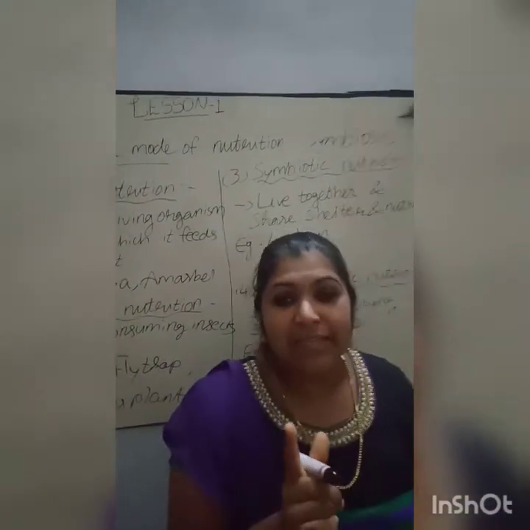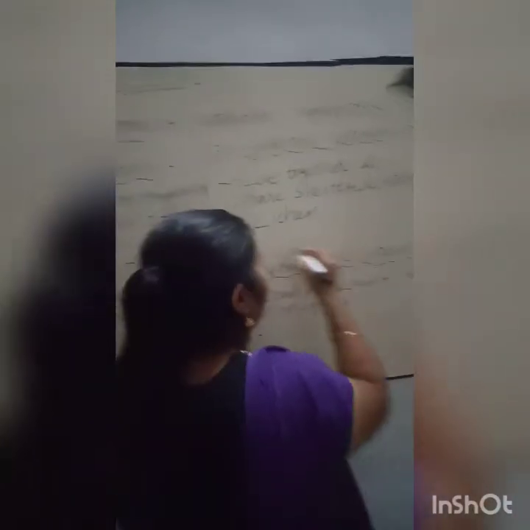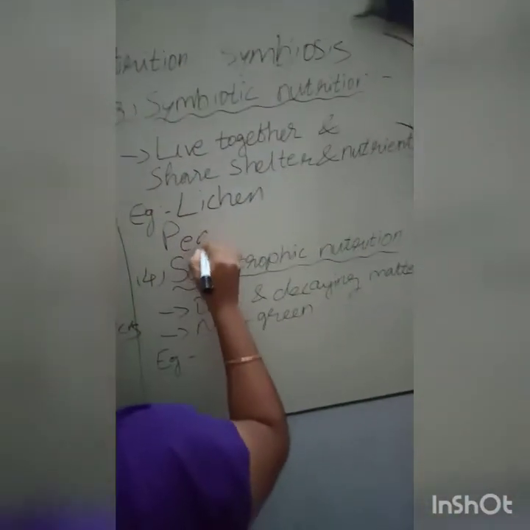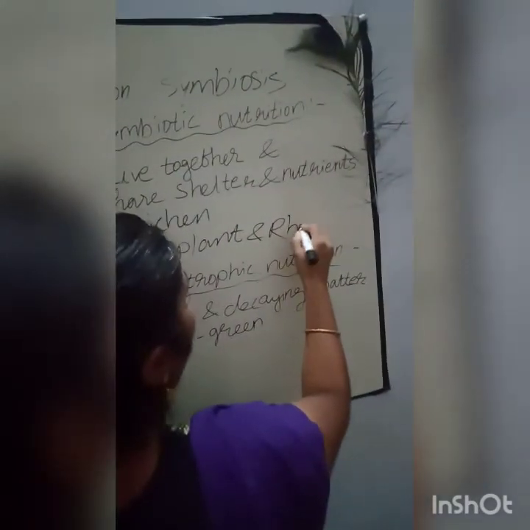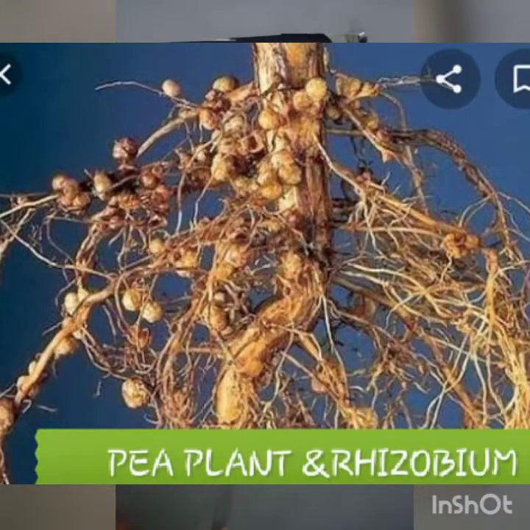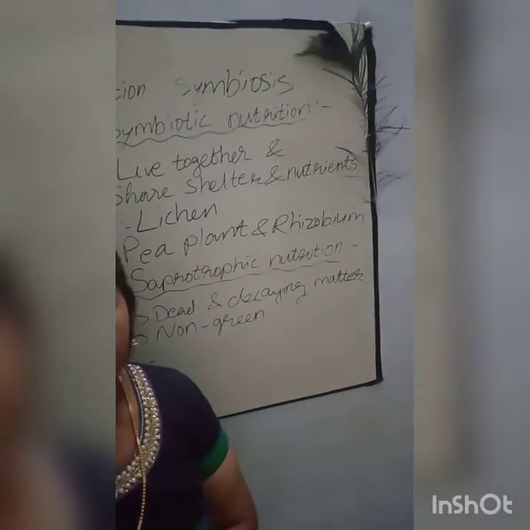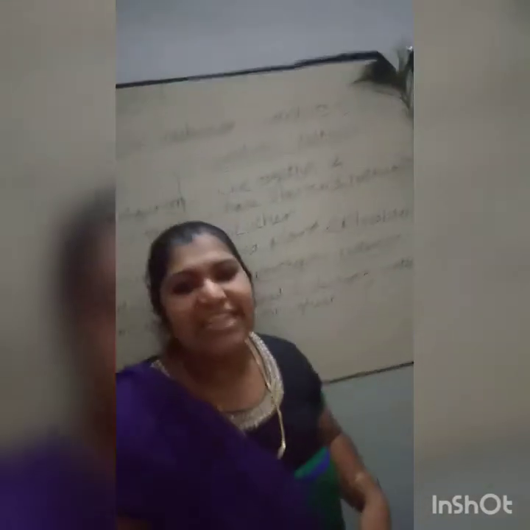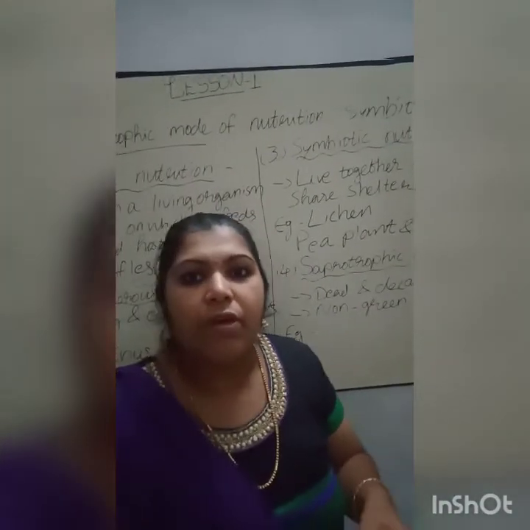Another example is pea plant and rhizobium bacteria. The rhizobium bacterium is seen in the root nodules of pea plant.